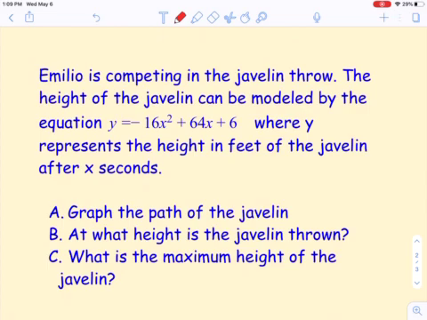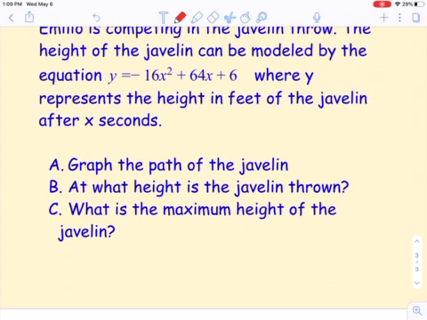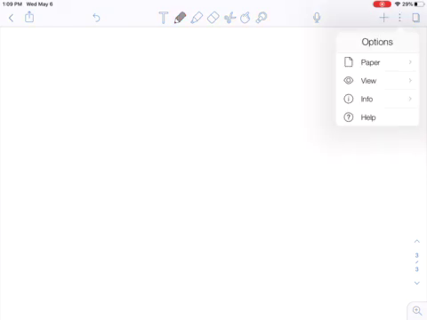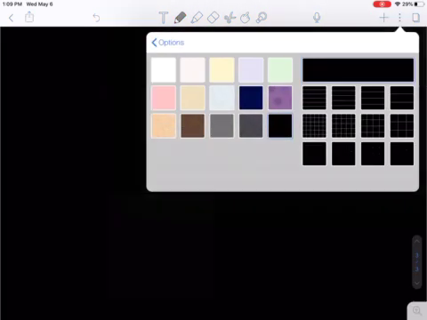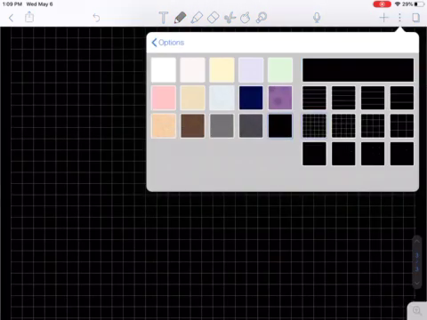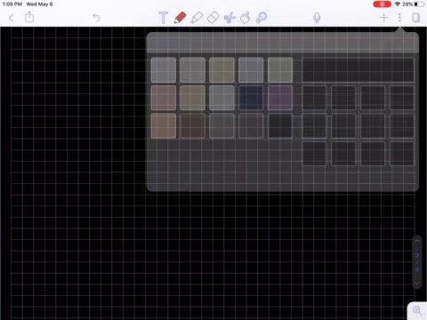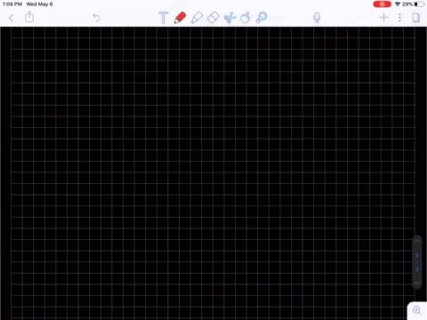So I'm going to do something here. We're going to go to another page, and I'm going to change it so that we have some graph paper that we can use. So we want to graph this.